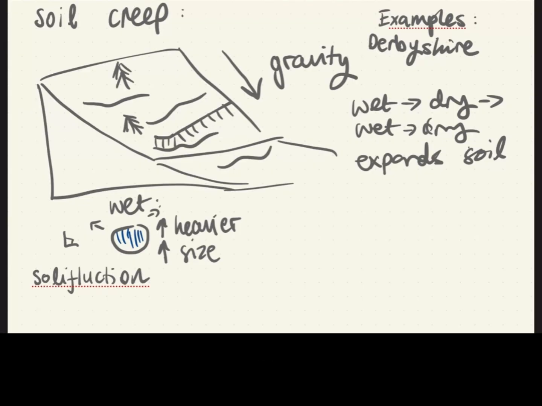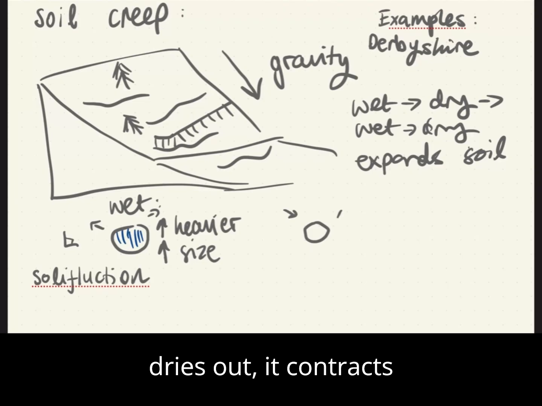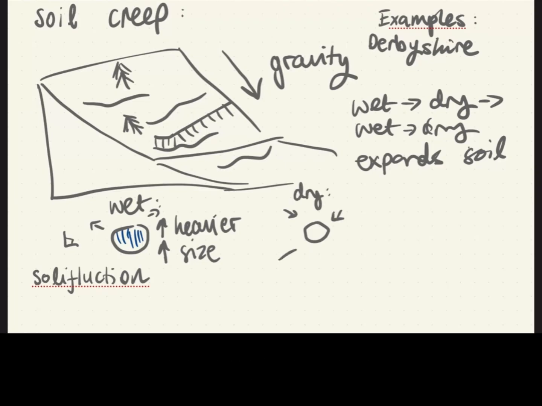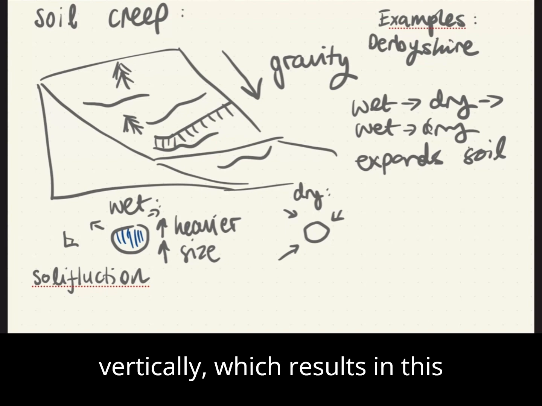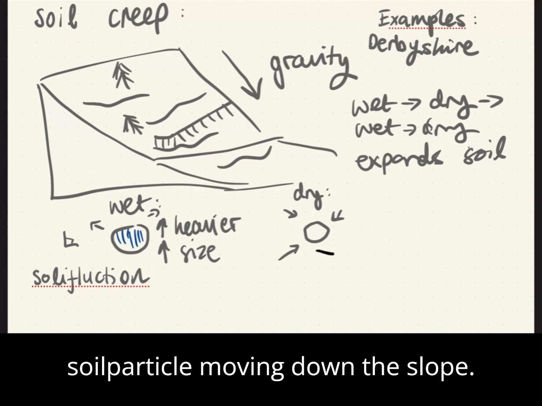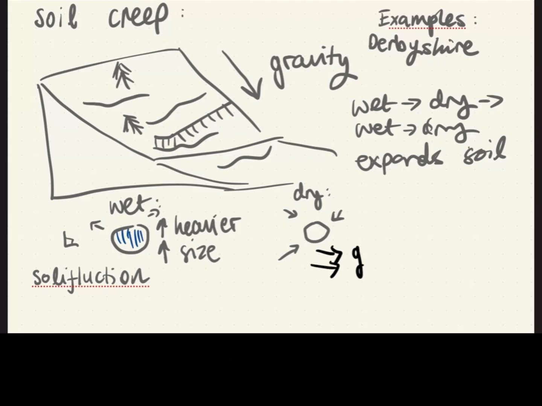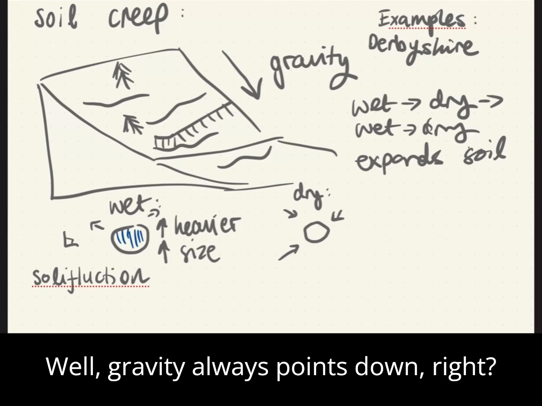But when this soil dries out, it contracts vertically, which results in this soil particle moving down the slope. Well, gravity always points down, right?